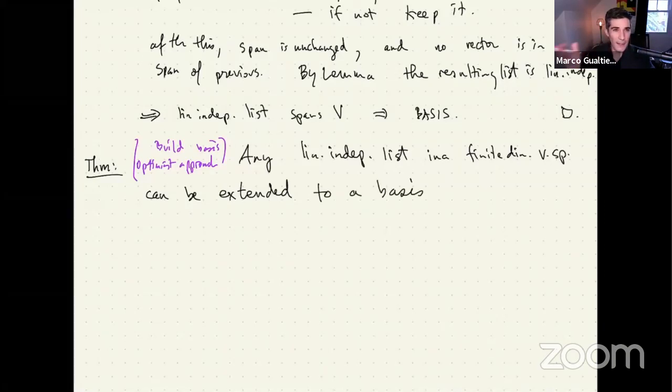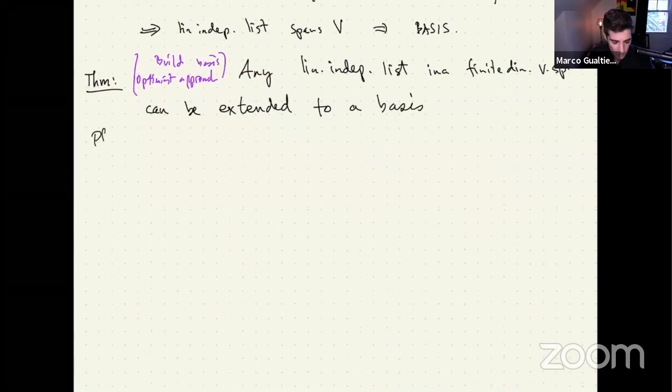Extending a list just means that you add more elements to the list without modifying the ones that you have already. So the point is that if you have a linearly independent list, you can grow it until it becomes a basis, and you never have to fire the people that you started with.